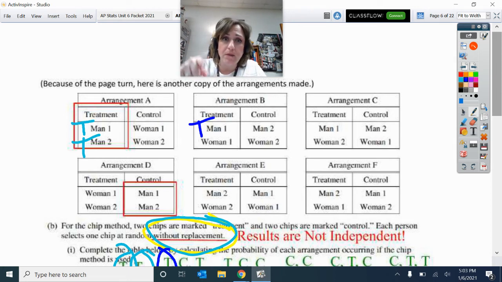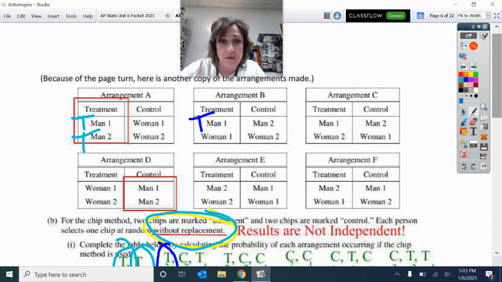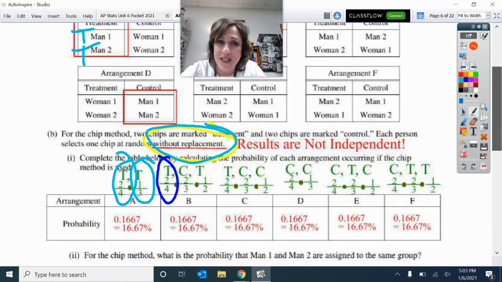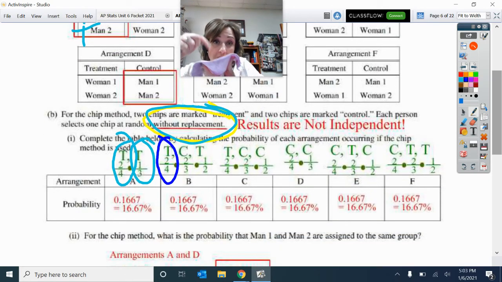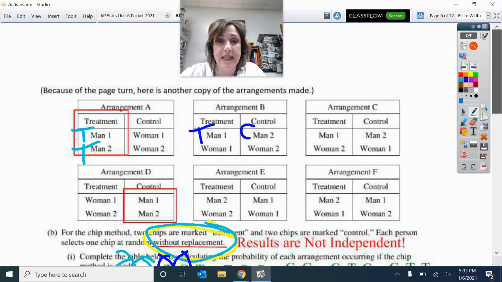Next, come on, man number 2. Remember, we go man 1, man 2, woman 1, woman 2. He reaches in and pulls out a chip, and he got the control. Of the 3 that were there, 2 of those 3 were control. Now, come on, woman number 1.